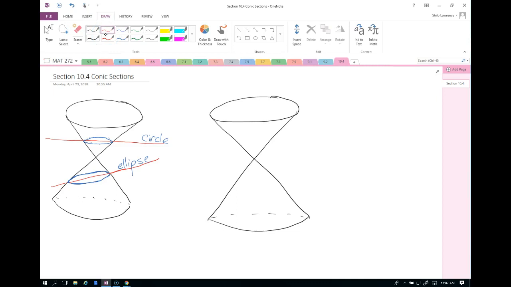So now if we cut this thing again at an angle, but this time it's much more of a pronounced angle, so that we don't cut through both sides, what we're going to get is a parabola.